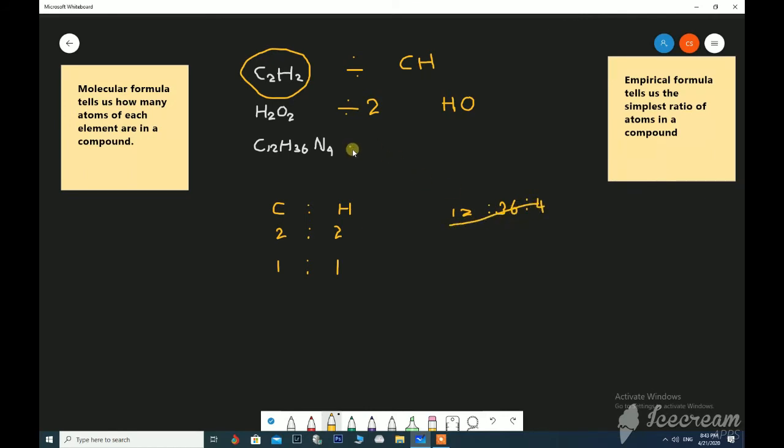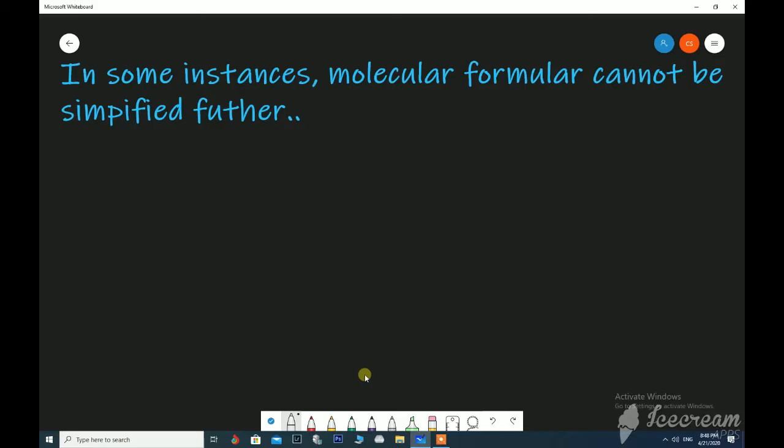So, by dividing each by 4, we get C3H9 and 1 nitrogen. So, it is the empirical formula for this compound.